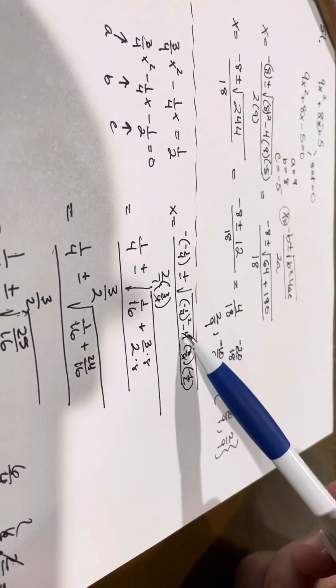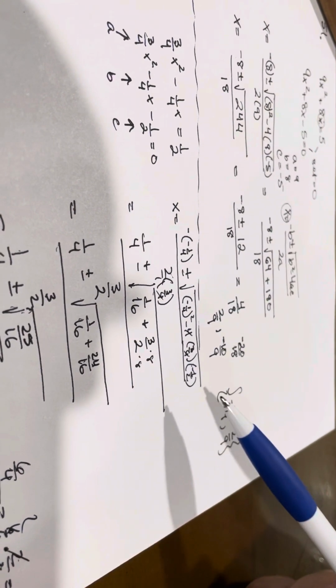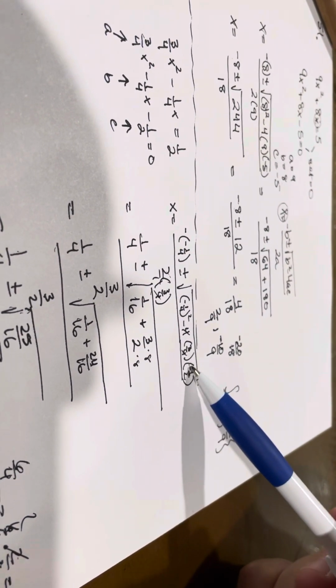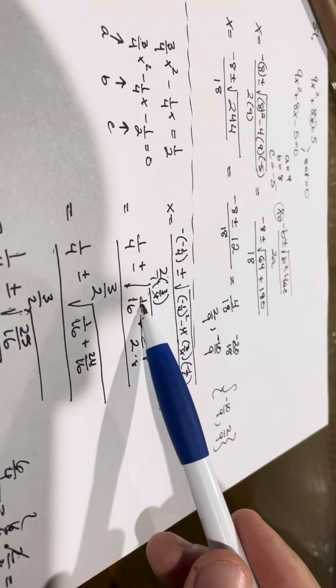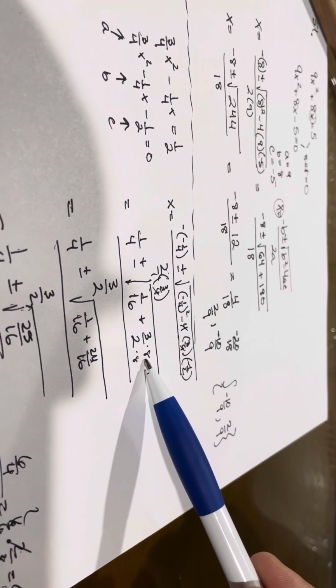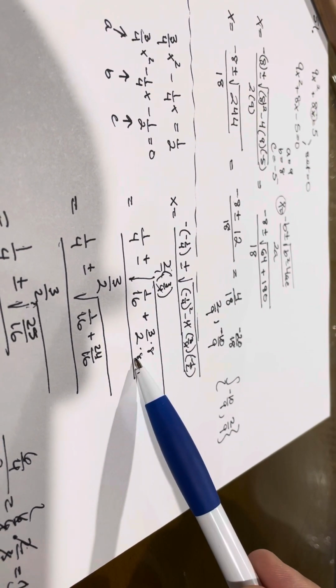I start canceling, so the 4's will cancel. So I end up with a 3 over 2. You multiply straight across. You go 3 times 1, and 1 times 2, so there's my 3 over 2. Well, this is 1 over 16. I need to get a common denominator, so I'm going to multiply top and bottom of this fraction by 8.